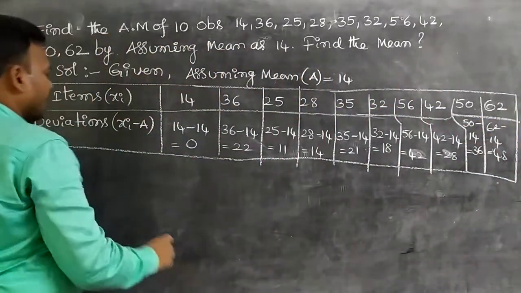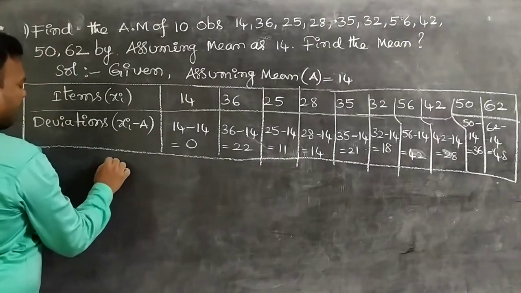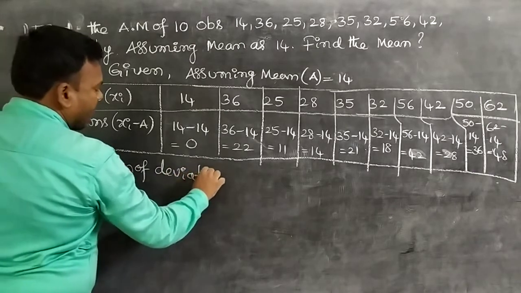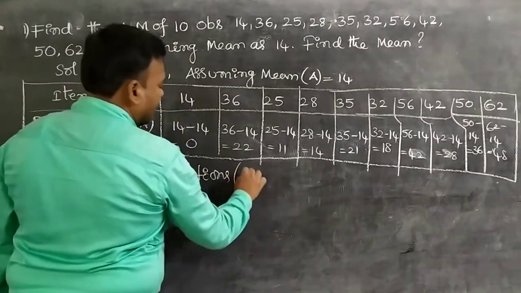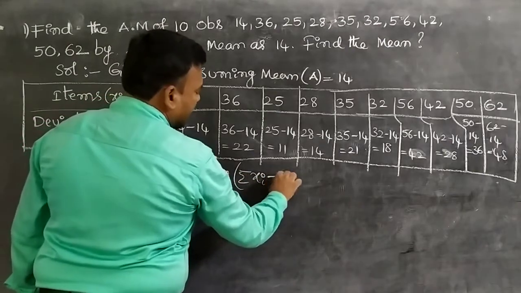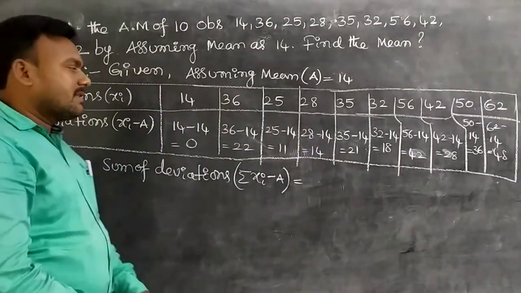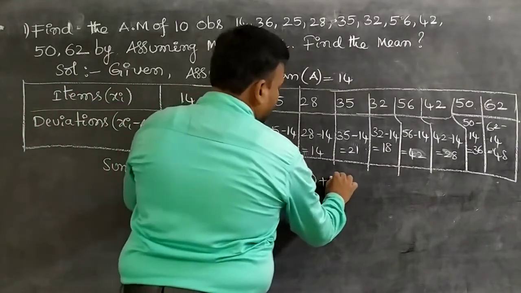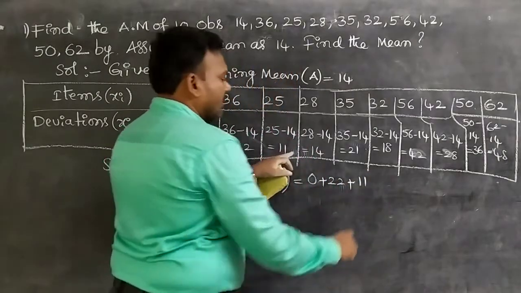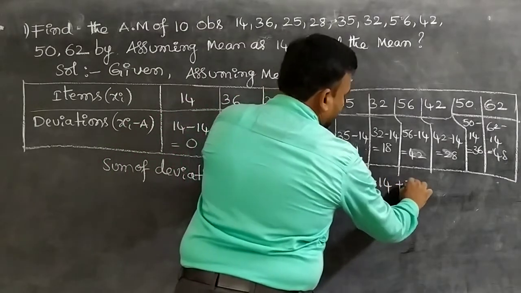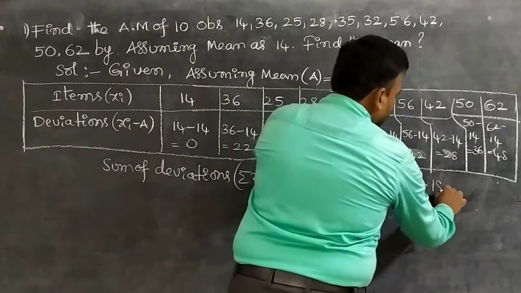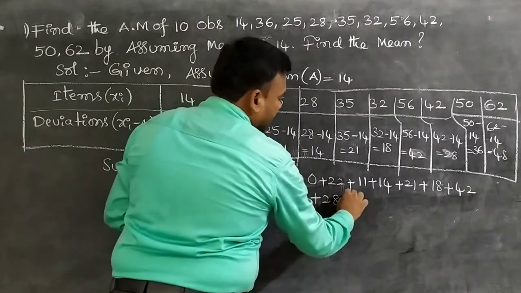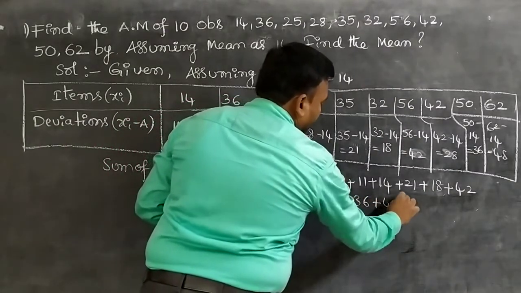Next one. Therefore, from the table, sum of deviations, that is summation xi minus A. Observe, students, here: 0 plus 22 plus 11 plus 14 plus 21 plus 18 plus 42 plus 28 plus 36 plus 48.